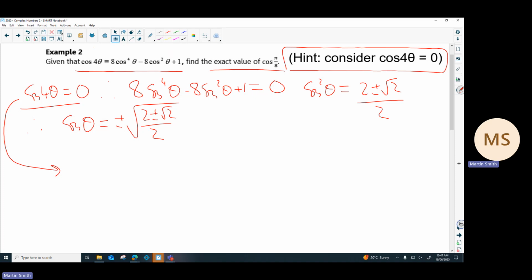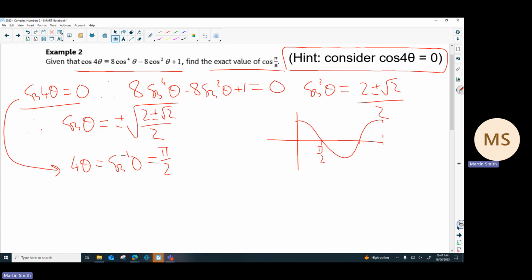To solve cos 4 theta equals 0, you inverse cos and then divide by 4. So this means that 4 theta is inverse cos of 0, which, working in radians, your calculator will give you as pi over 2 or half pi. Now, because this is a power 4 equation, I am going to write down 4 solutions. If you think about the graph of cos for a minute, here is the graph of cos. It's 0 at pi over 2.